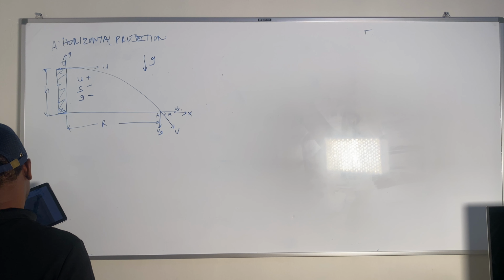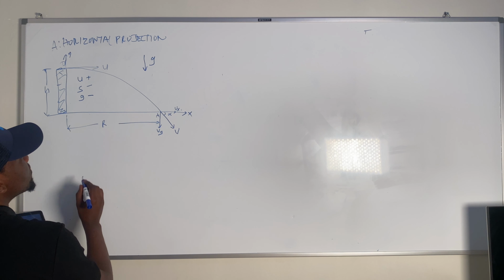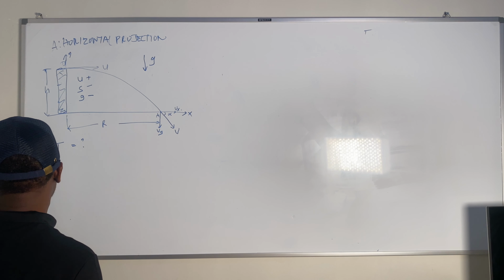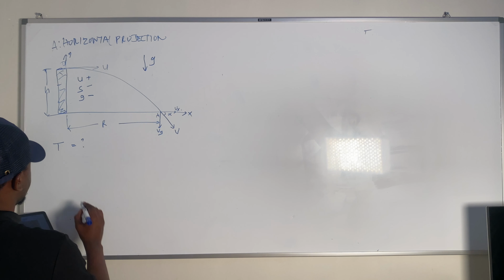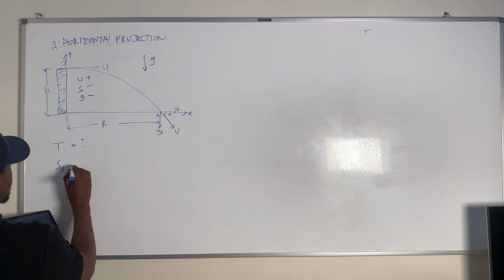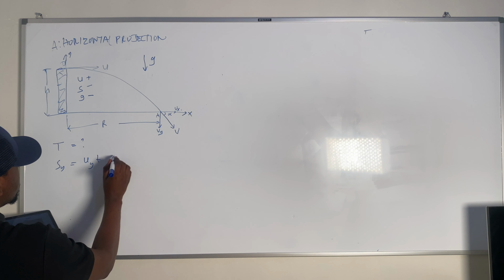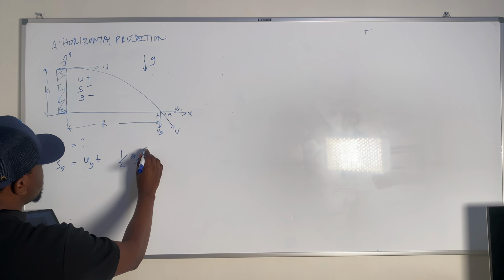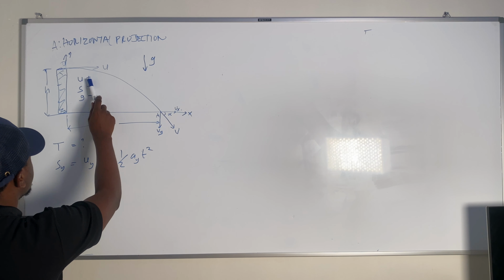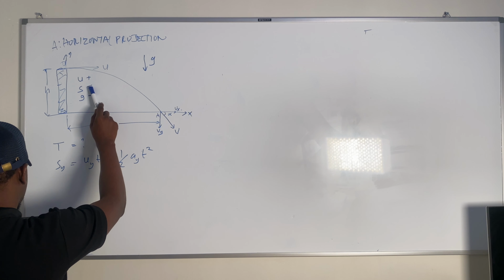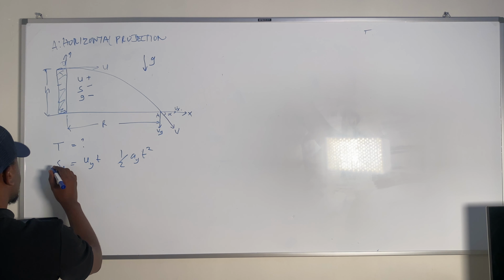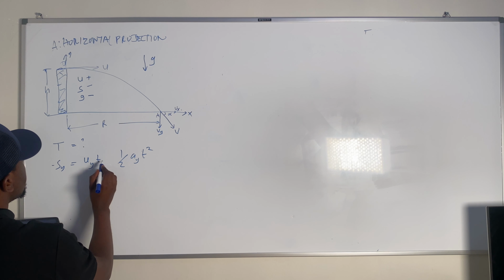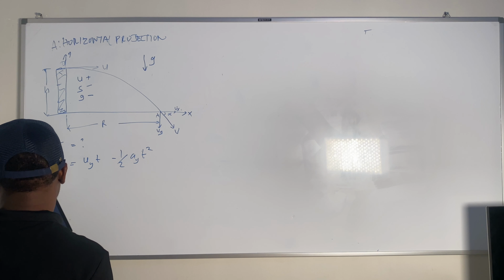So let us derive an expression for time of flight t. From the second equation of motion, we know Sy is equal to uy t plus half ay t squared. In this case, u is positive, s is negative, and g is negative.